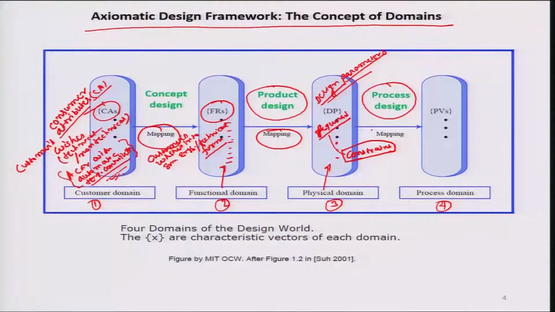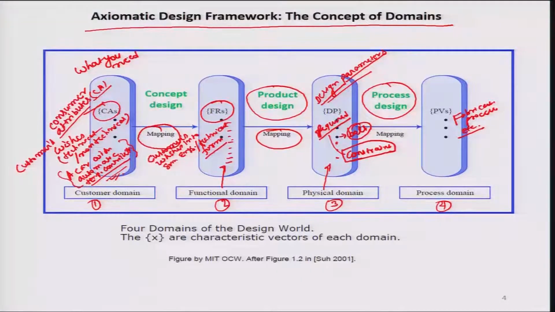Suppose you have parameters to make a bolt. Which machine will be available for fabrication of the bolt? That machine comes into the process variables. Here comes the fabrication process, etc.